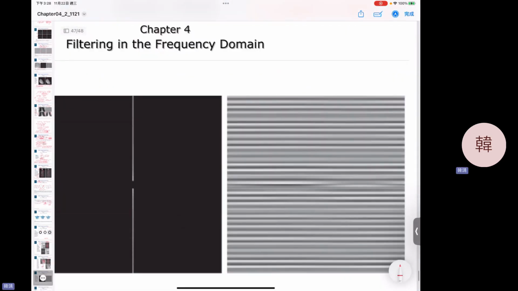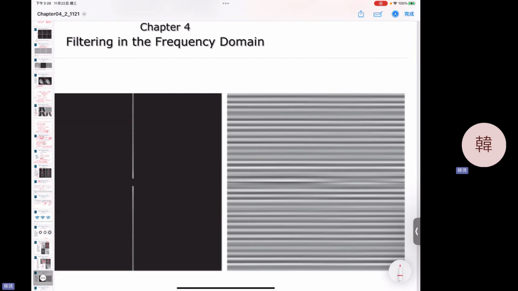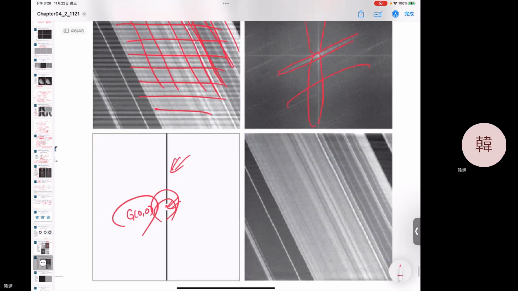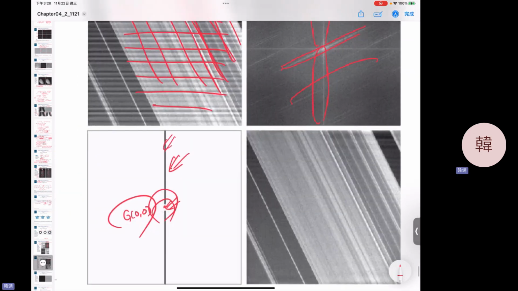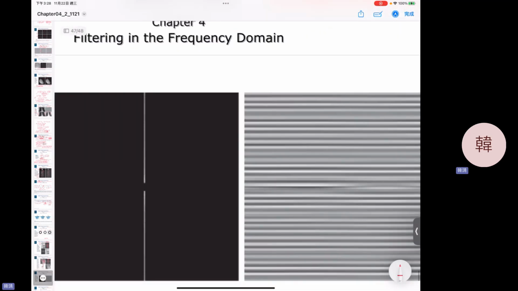Here is another way to look at it. We said it's a band reject. You remove all these horizontal lines. If you want to look at what image is located in this black energy band of the spectrum, you can use a band pass filter.